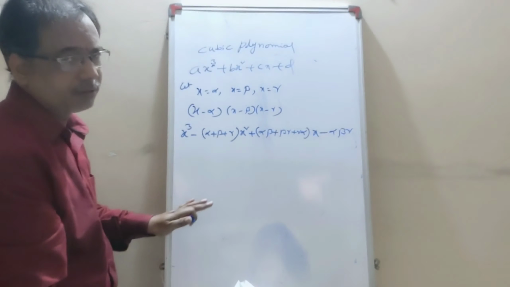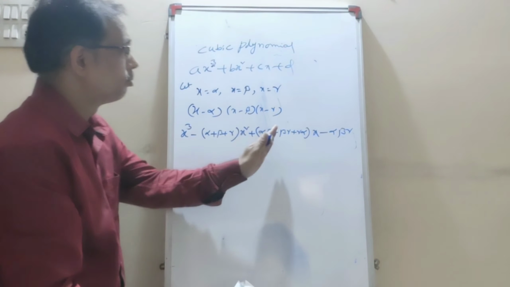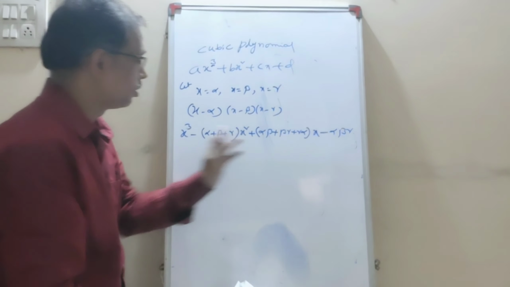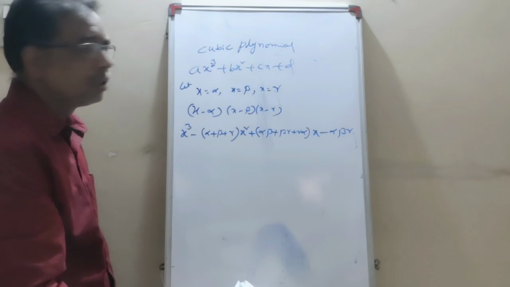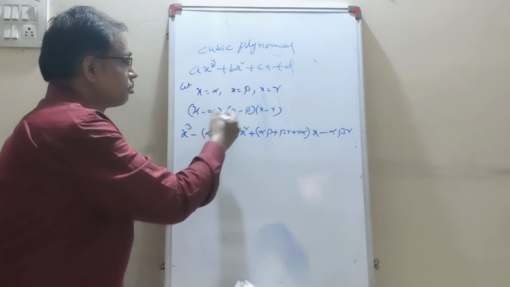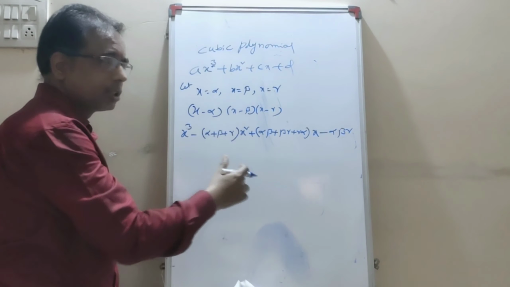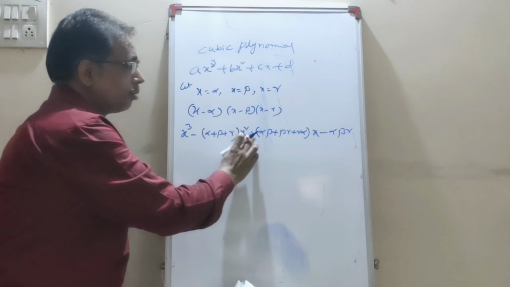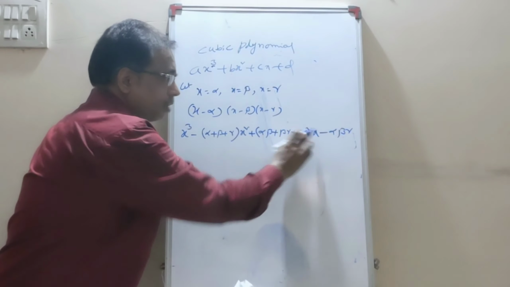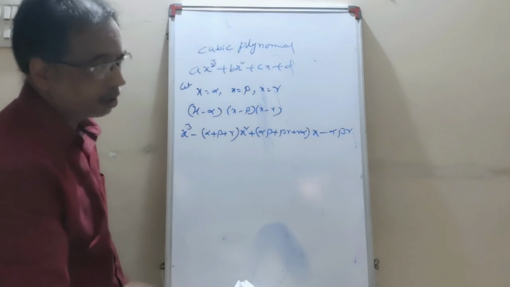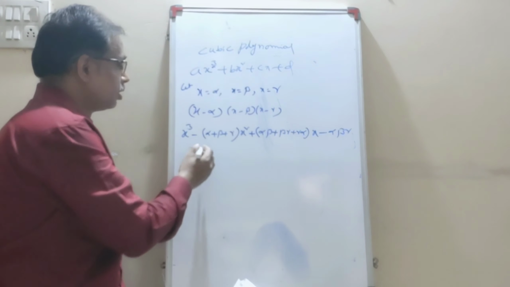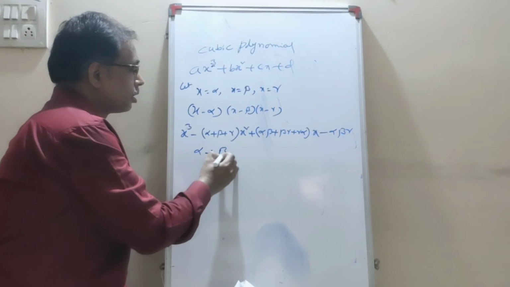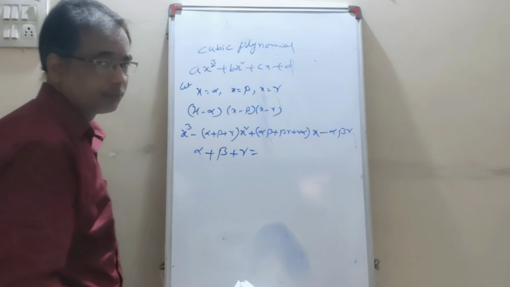No need to verify this; simply by multiplying x minus alpha, x minus beta, x minus gamma step by step, we will get the final answer: x cube minus (alpha plus beta plus gamma) into x square plus (alpha beta plus beta gamma plus gamma alpha) into x minus alpha beta gamma. Here we can remember formulas like this: sum of the zeros alpha plus beta plus gamma.